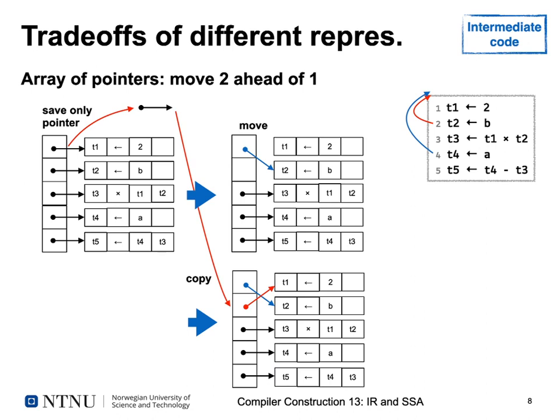Now, if we use an array of pointers for our intermediate representation, it gets a bit easier because we only have to exchange the pointer values. So what you have to do to exchange instruction 1 and instruction 2 is just switch the 2 pointers in our array around. So this still involves copying. We need to copy the pointer that originally pointed here into array element 1 here.